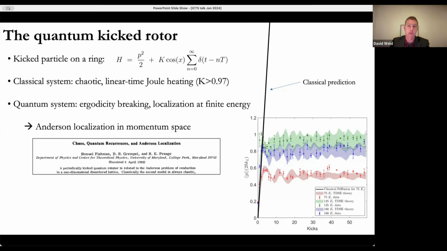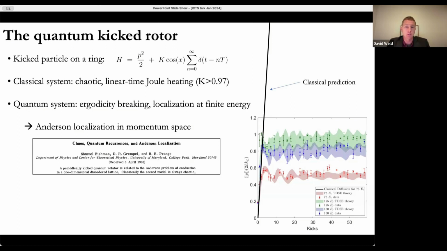So the way this can be understood in the context of the Anderson localized matter that I referred to earlier is as an effect of Anderson localization in momentum space. And that's a little bit striking because there's no disorder in the system at all.